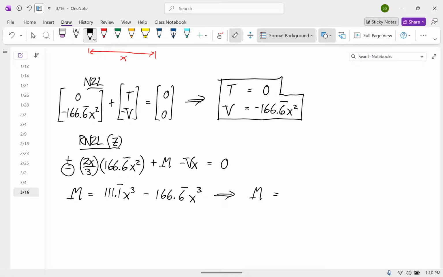And so M is equal to negative 55.5 repeating x cubed.